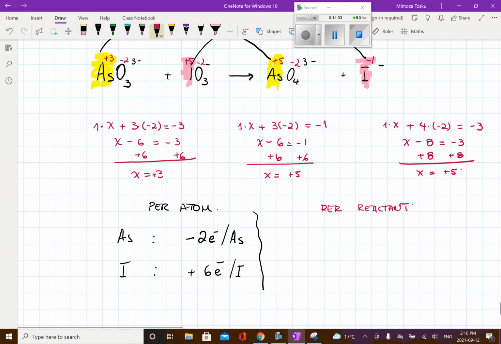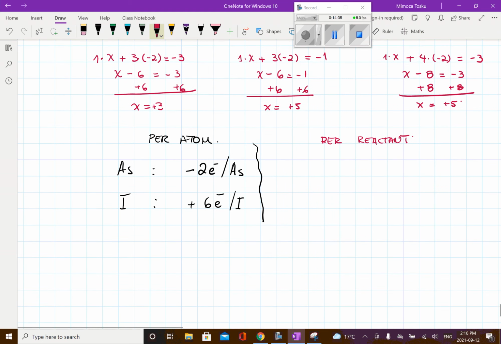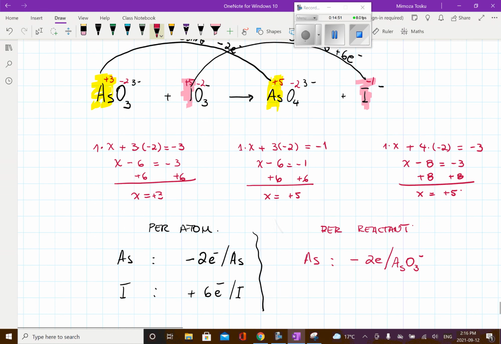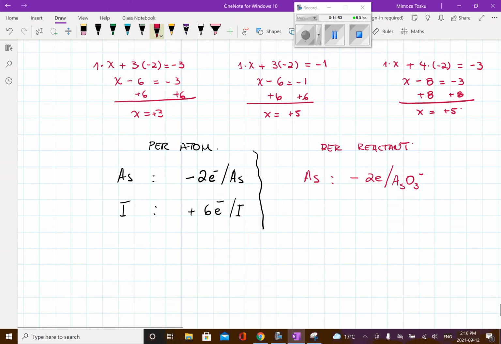AS is only 1, so for AS it will be -2 electrons per ASO3, and per iodine it will be again 1, because we have 1 iodine here.